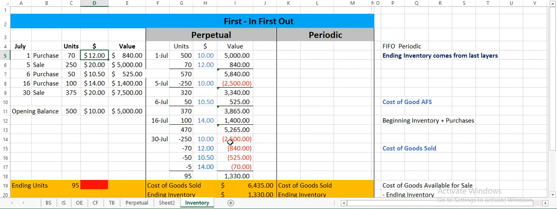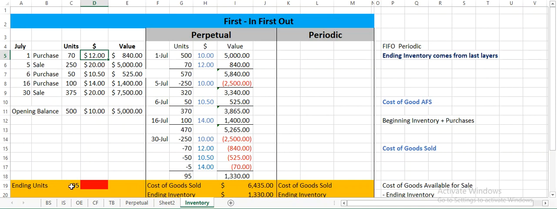But similar to with the FIFO method, where we can have multiple layers when we're selling it, we can have multiple layers as well in our ending inventory value. Most likely we're going to see this, we may not see this in the next calculation, but just a point to note. The 95 could have come from multiple layers, but in this instance, the 95 only comes from this last purchase, because technically we can take 95 out of this 100 and still be left with something. And so therefore we should know that we wouldn't need to go into any additional layers.